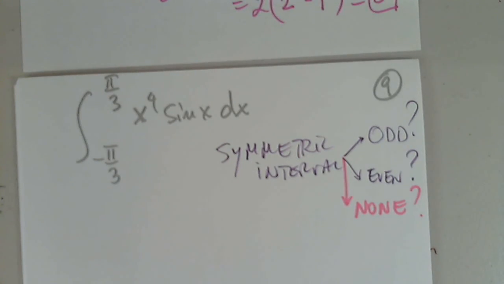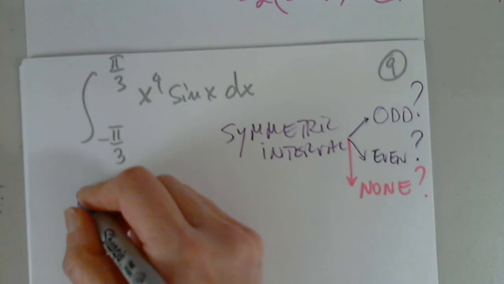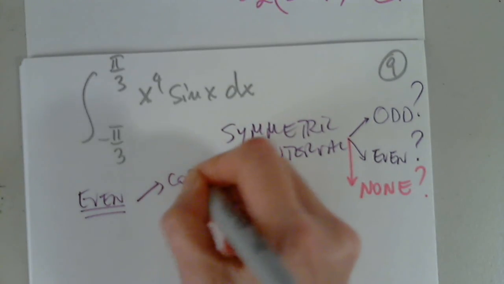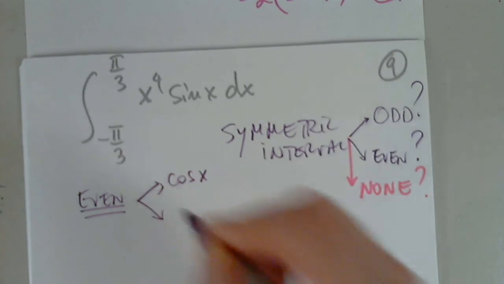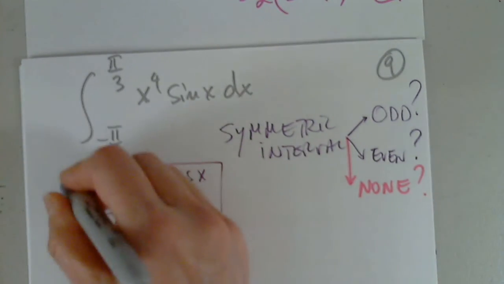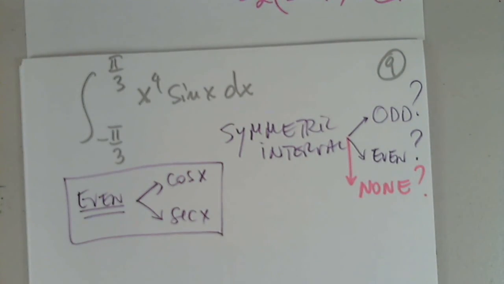So let me refresh your memory. The only functions that are even, trig functions, are cosine and the other function that has cosine in it and nothing else. Everything else is odd. So only cosine is even, and the other function that does not have anything else in it but cosine, which is secant.